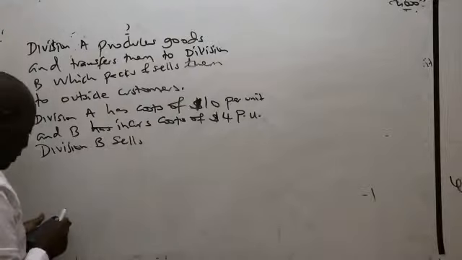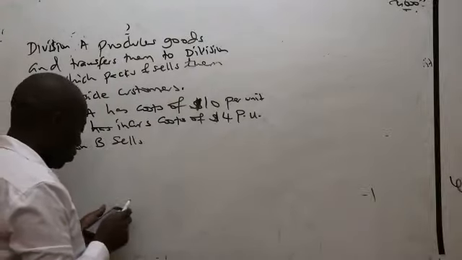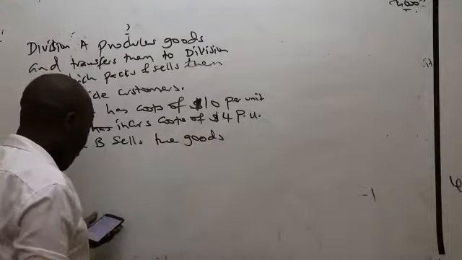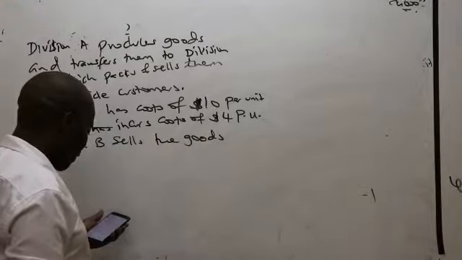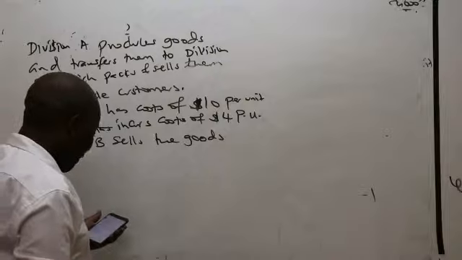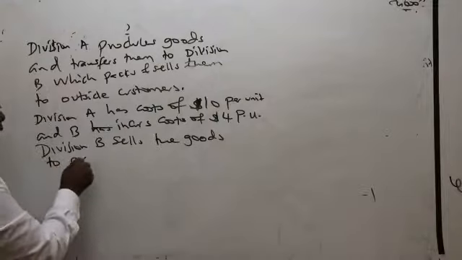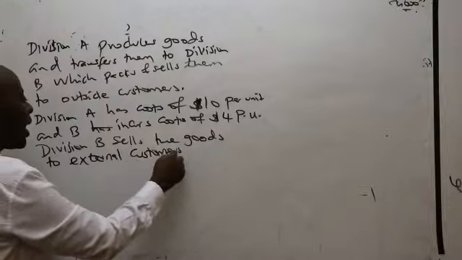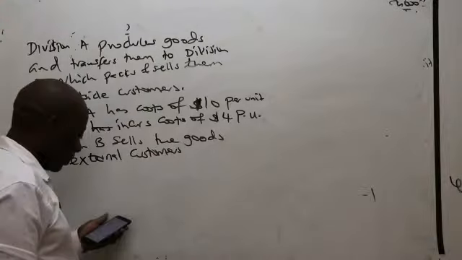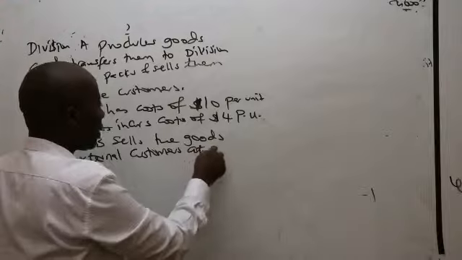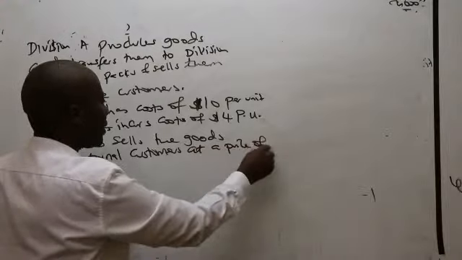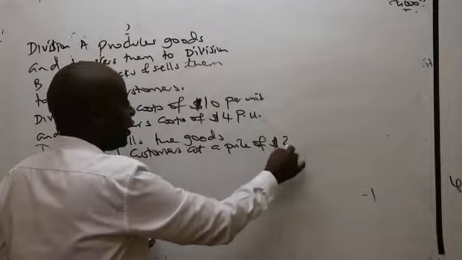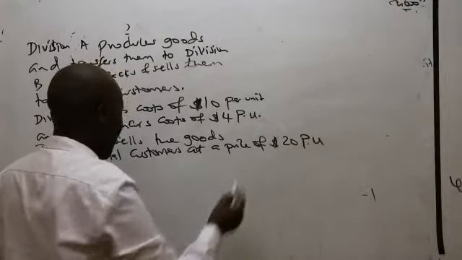Division B sells the goods to external customers at a price of dollars 20 per unit.